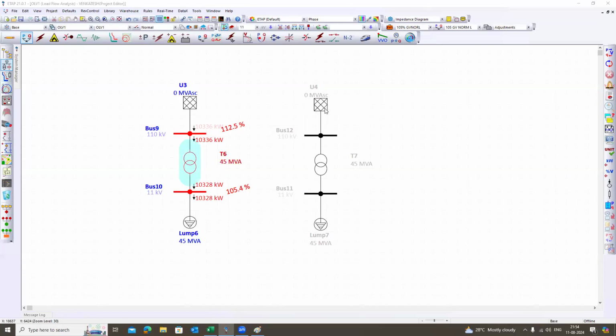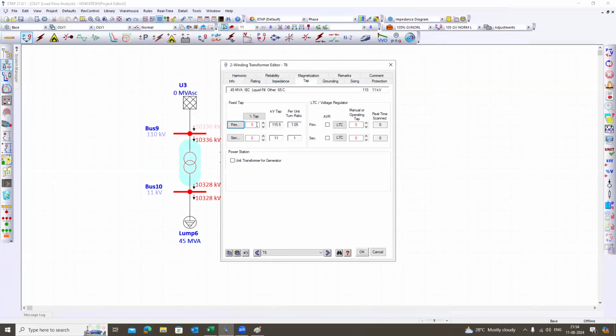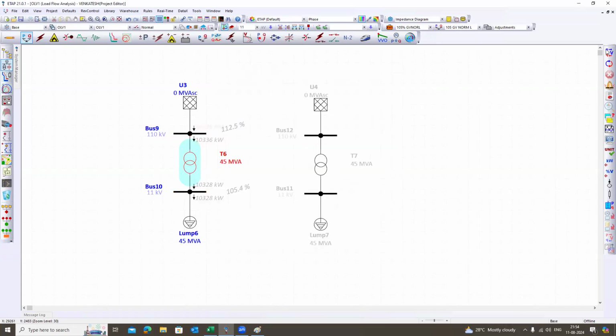So the next step is to give this percentage as 6.25. Normally it will be in steps of 1.25%. So with 6.25, the bus voltage has come well within the prescribed limit.